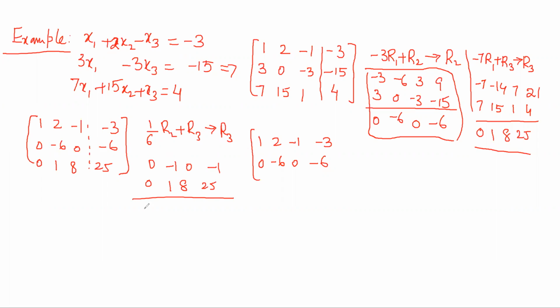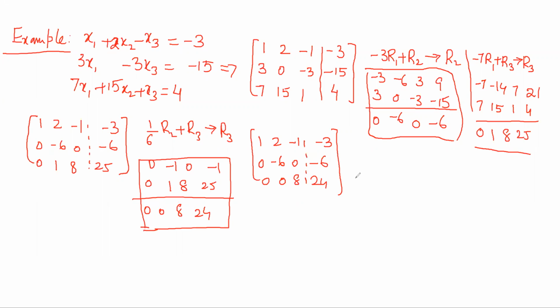So it will be 0, 0, and then 8, and then 24. So this third row will be 0, 0, 8, 24. And that's it. This is also like a scratch arithmetic. Okay. So now you can see that this is in echelon form.